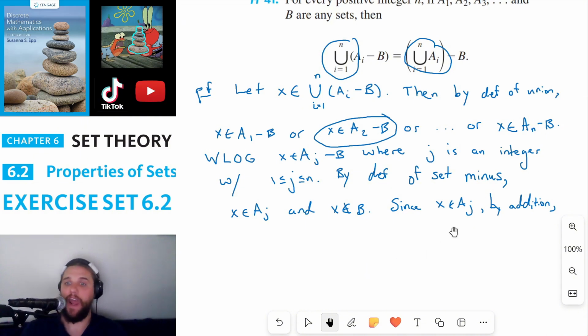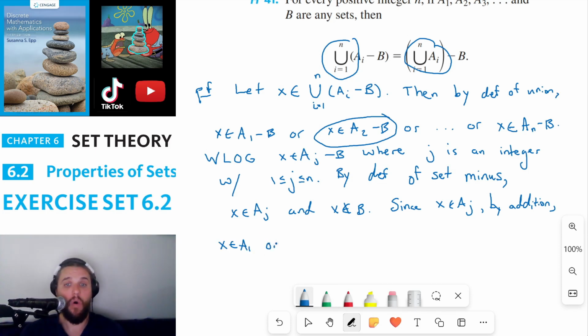So right now we know that x is an element of A_j, but what we can do is say, by addition, x is an element of A_1, or x is an element of A_2, or x is an element of A_3, or and so on, or x is an element of A_j, or x is an element of A_n.